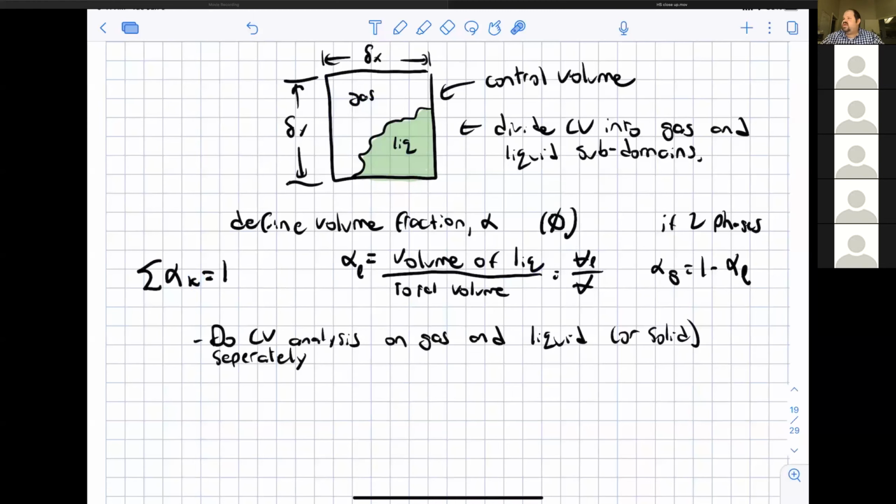I could also do a control volume analysis where I have an arbitrary number of phases inside of this control volume. I could have some solid over here. I could have some small droplets over here. And so you can have an arbitrary number of phases, and this procedure still works.